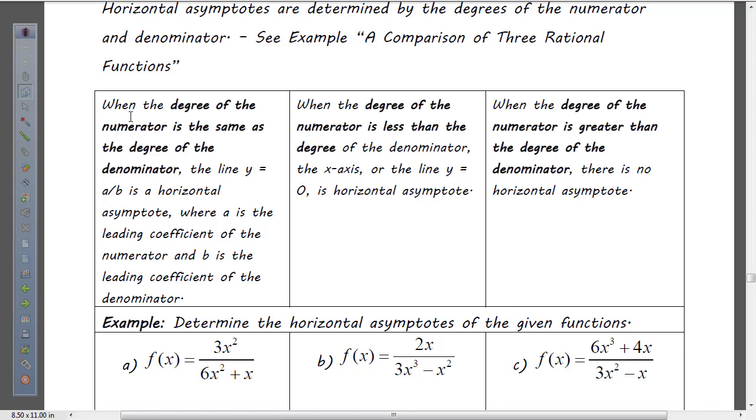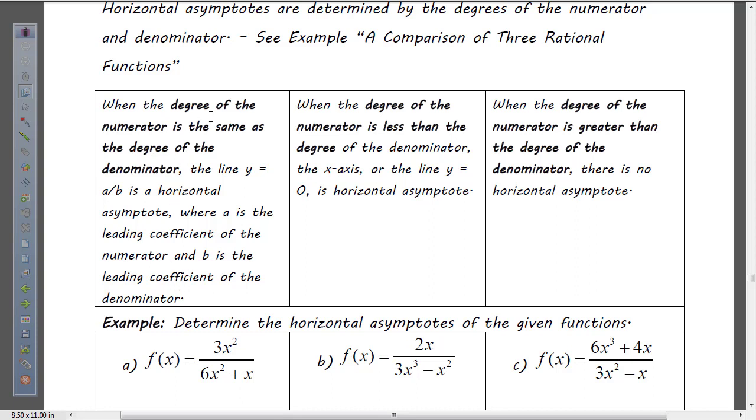First, when the degree of the numerator is the same as the degree of the denominator, the line y equals a over b is a horizontal asymptote, where a is the leading coefficient of the numerator and b is the leading coefficient of the denominator.